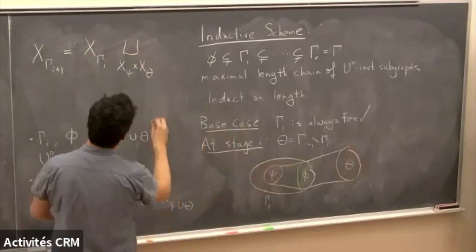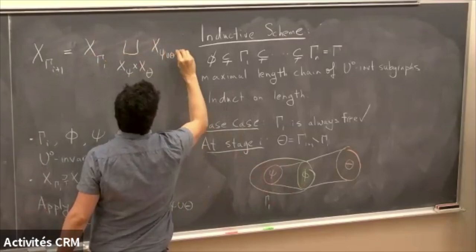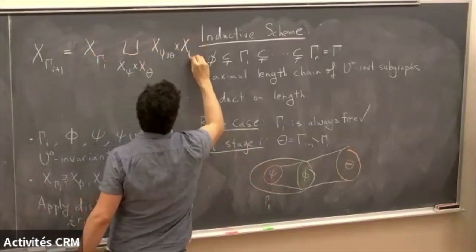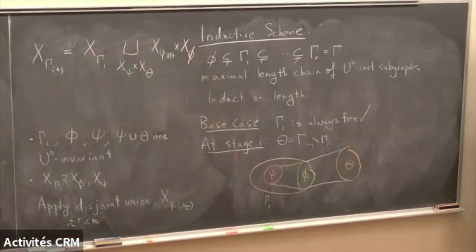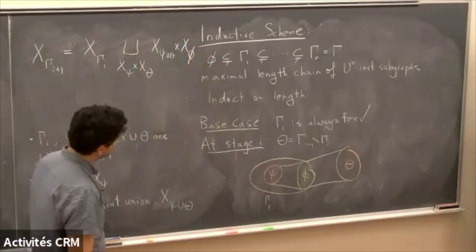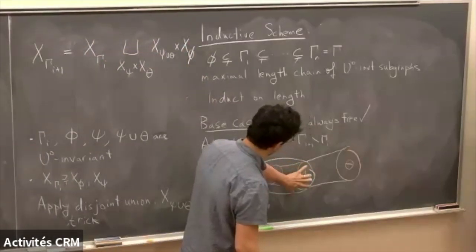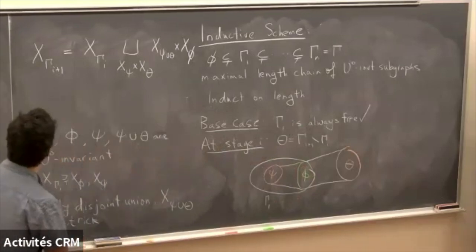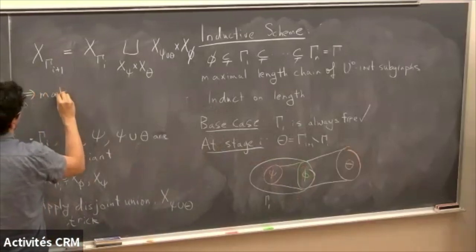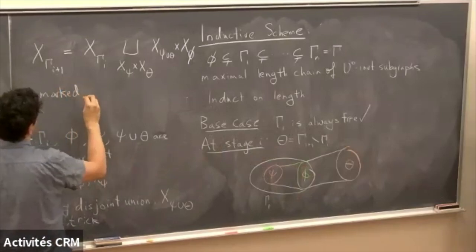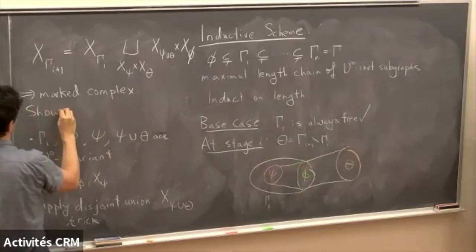And then with X C union theta cross X theta, X phi. Okay. And you can arrange that the action preserves each one of these pieces, the markings preserve these pieces, and so we actually get a marked complex, and then you just have to show that it's a blowup.